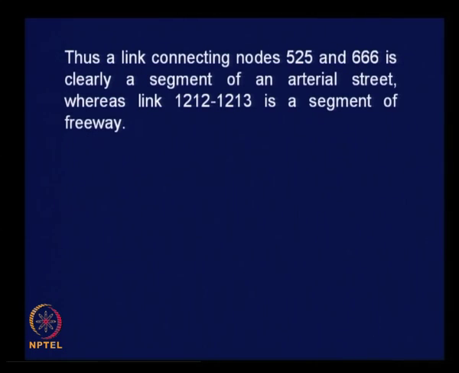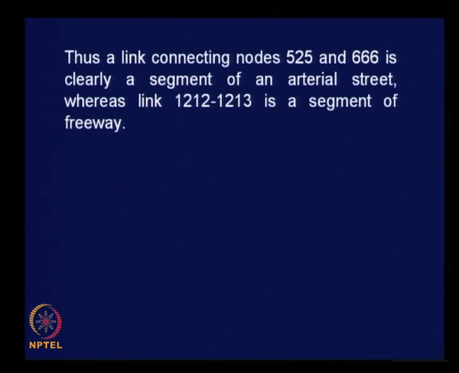Thus a link connecting nodes 525 and 666 is clearly a segment of an arterial street, isn't it? It is lying in the range of 100 to 1000, whereas a link with node numbers 1212 and 1213 is a segment of a freeway, because the value is more than 1000, isn't it?